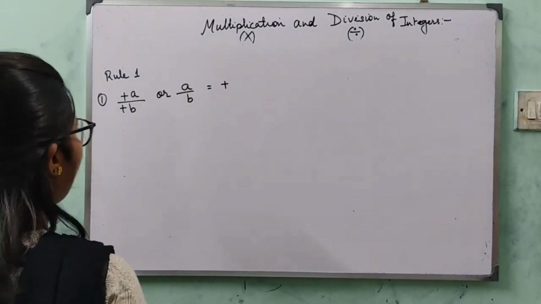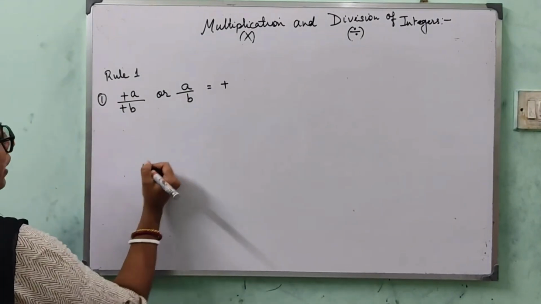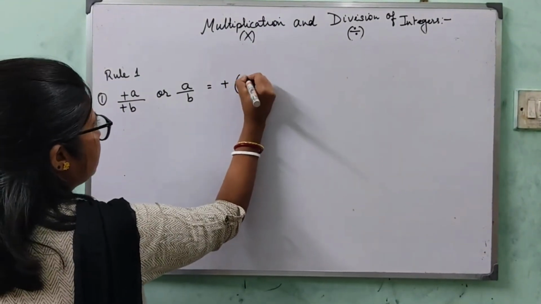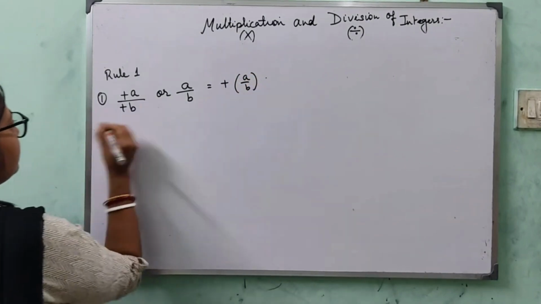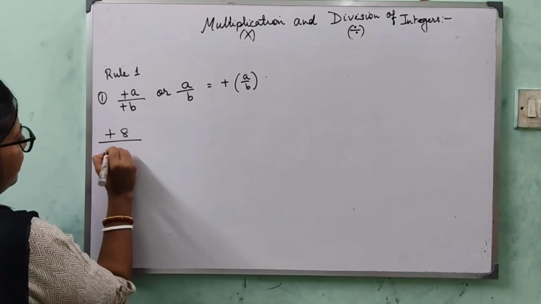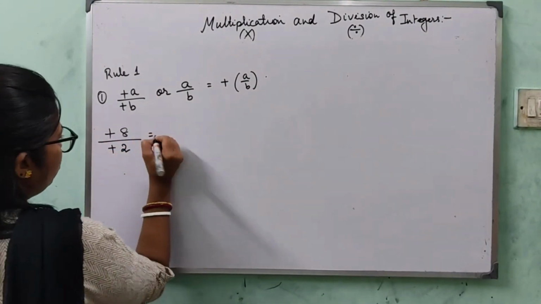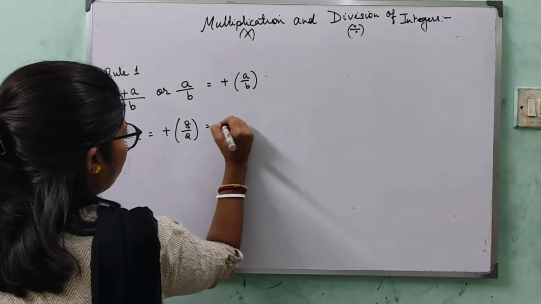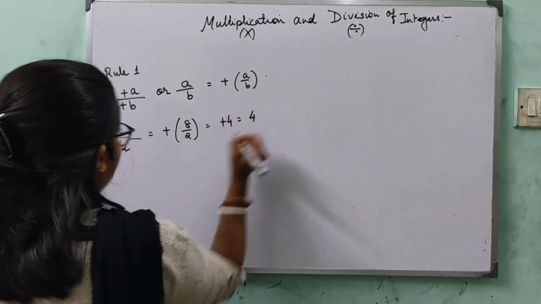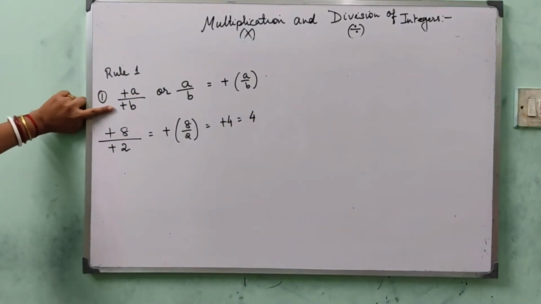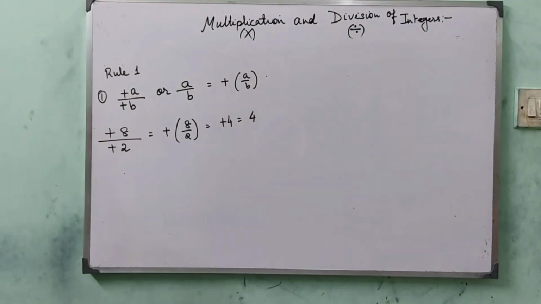Say for example, plus 8 divided by plus 2. So it is plus 8 by 2. What is 8 by 2? 4. So plus 4 or simply 4. So if I have the numbers involved in the division both have the positive signs, then the answer will also have a positive sign.